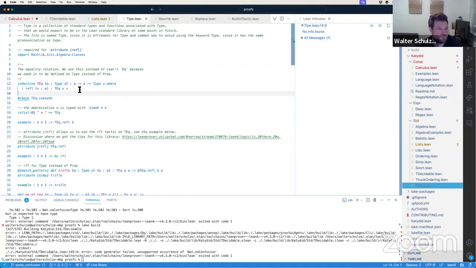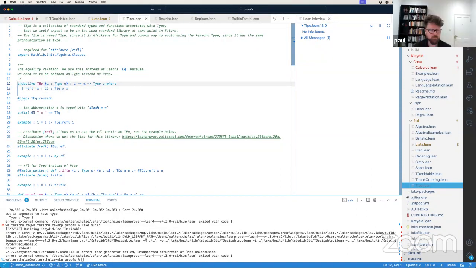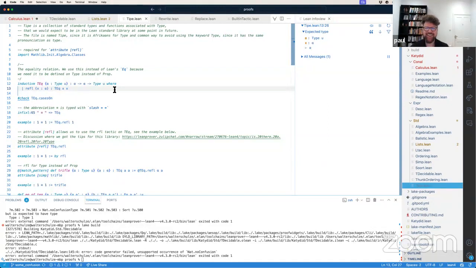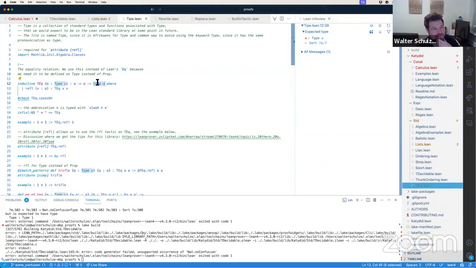It says Sort (U+1), which is a Type U. But the main point is it returns a prop and not a type. And prop is a sort in universe 0, and type is a sort in universe 1 and up.